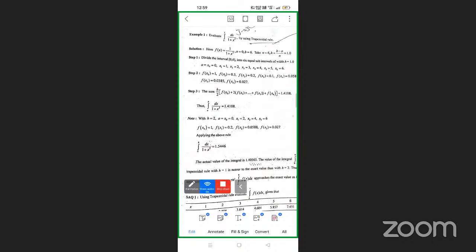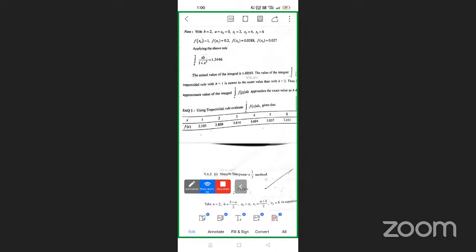In this case, tan inverse of 6 minus tan inverse of 0 gives some value, and that value minus 1.4108 is the error. Is that clear? Maximum we take h equal to 1; in rare cases, h equal to 2 and h equal to 3.